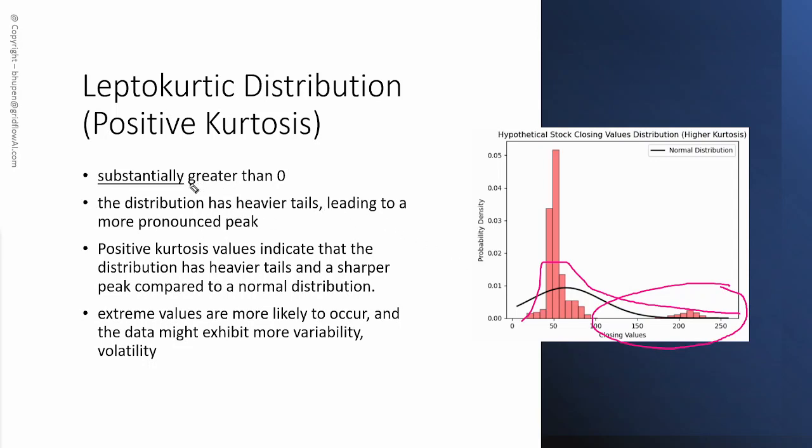So in this case, the kurtosis will be substantially greater than zero. Such distributions have heavier tails and a more pronounced peak because most of the values are on this side. So extreme values are likely to occur in such cases.